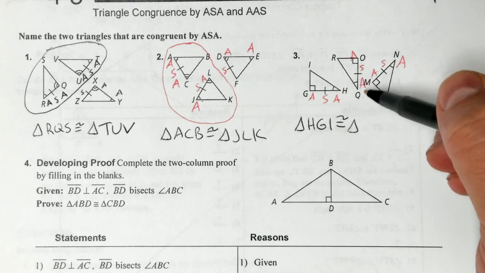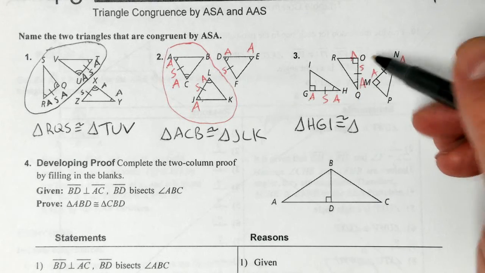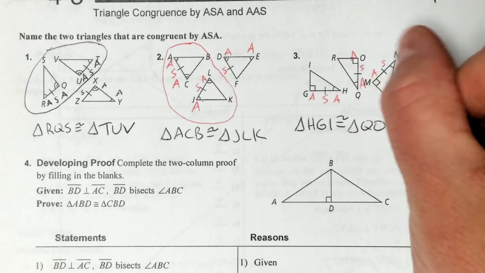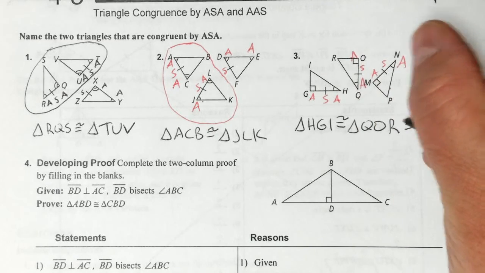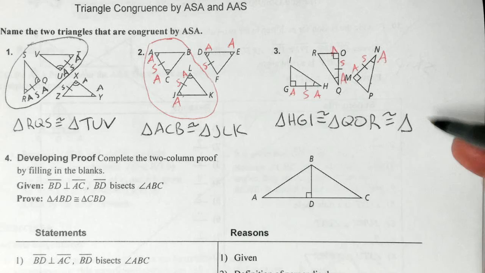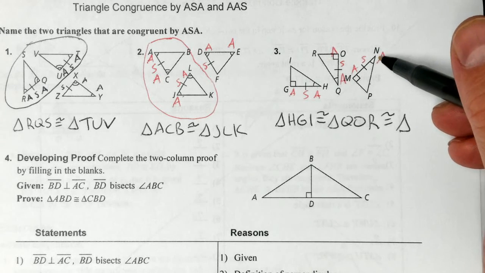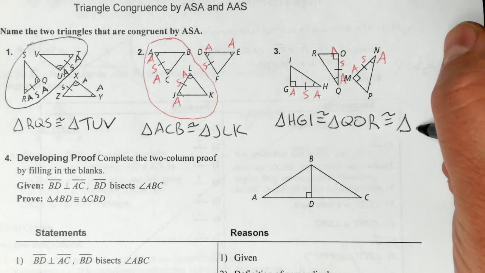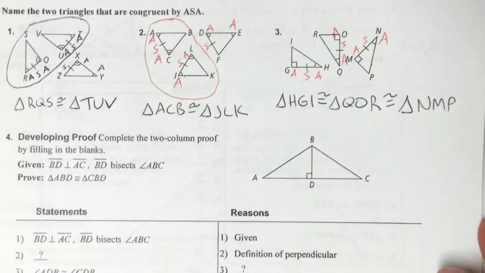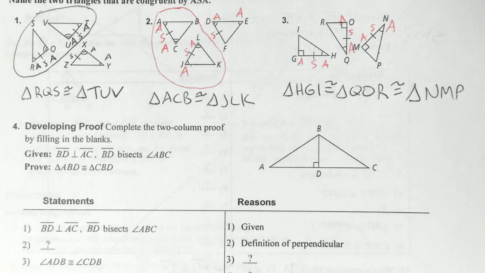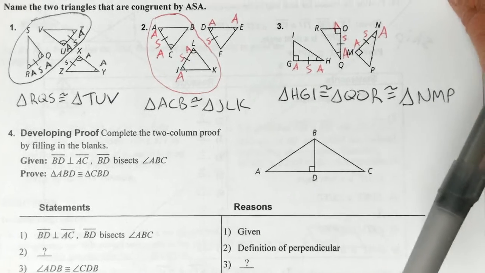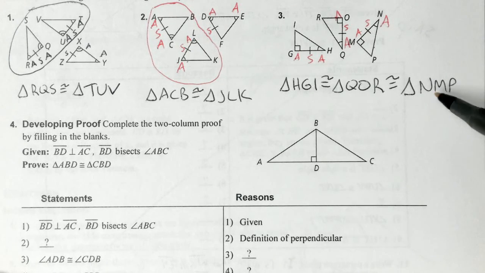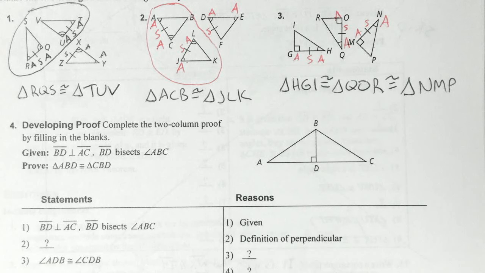So then the acute angle on this one is Q, and then we need O, and then R, and then N is the acute angle, so NMP. Okay. So that one, all three triangles were congruent by ASA. Any questions?